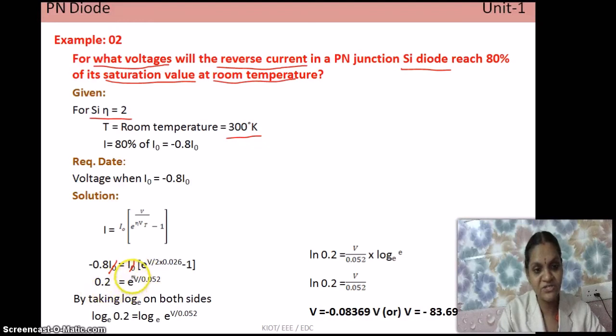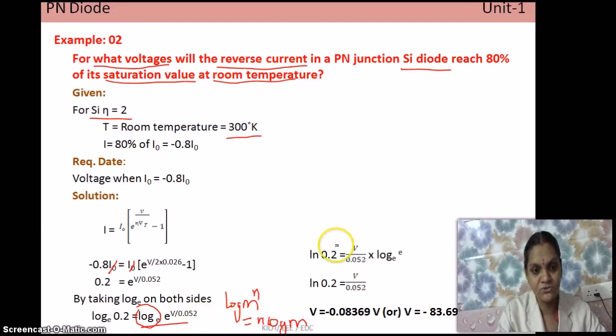So we need the value in the exponential. So for that you take log to the base e on both sides. Log to the base e, that is nothing but ln. So ln of 0.2 equals log of m power n. What is the formula? Log m power n is equal to n log m.